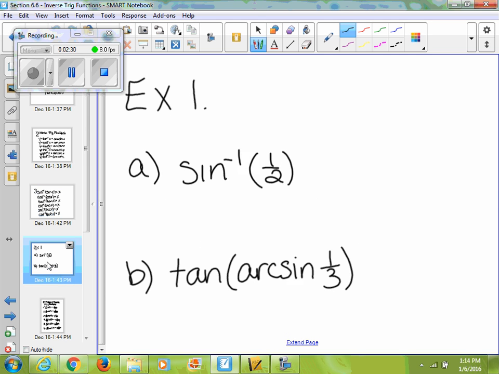Okay, so we're going to look at evaluating some inverse functions first. So if I look at example 1a, I'm given the inverse sine of 1/2, and I'm asked to figure out what that equals. And so I'm going to set that equal to some variable x in order to figure out what that x value is.